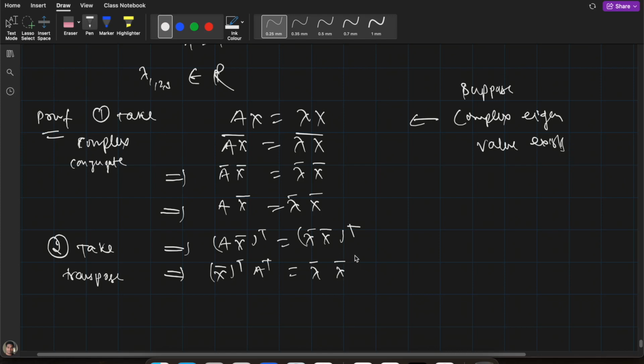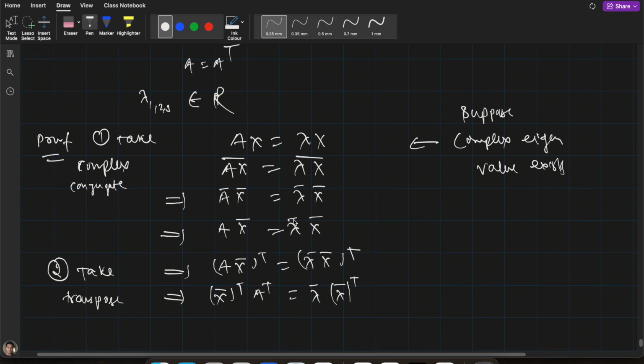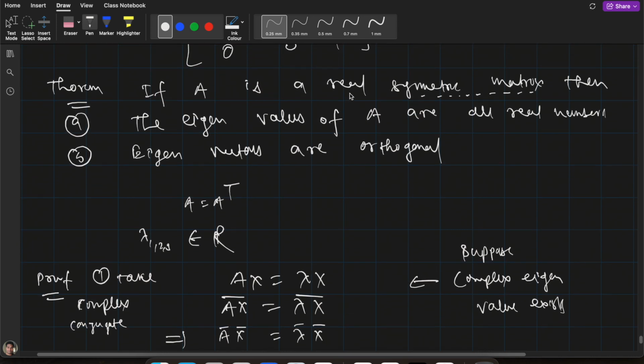This will be x transpose. Tell me. In the last third step, we removed the bar from the A because it is real. Because all entries are real I am saying that for every real symmetric matrix, all eigenvalues are real numbers.